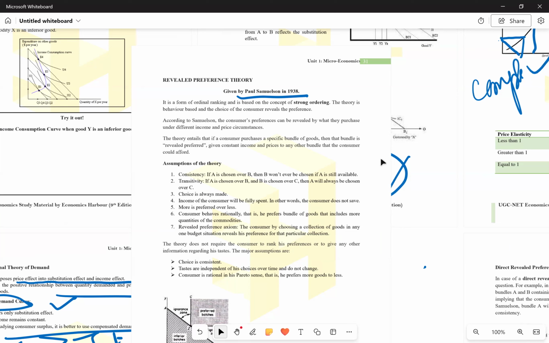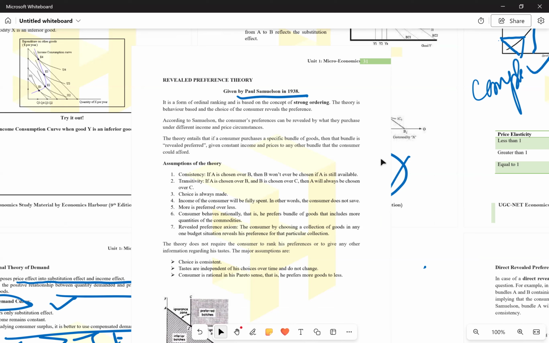For example, a person who is used to the iOS system will always consume Apple, and a person who is used to the Android version will always use Android. So they won't move. That's what Samuelson says: if a person prefers a thing, he will always prefer that, and his choices won't change unless the good becomes unaffordable.